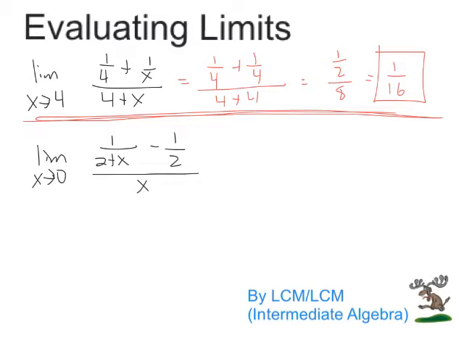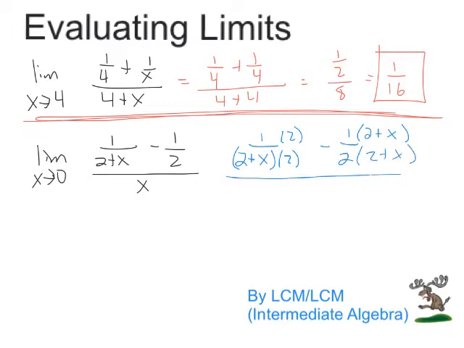So what we can do is simplify this all out. There are different approaches to cleaning this all up. What I'm going to do is create all fractions with a common denominator. The first fraction I'll multiply top and bottom by 2 to create a common denominator. The second fraction I will multiply top and bottom by 2 plus x, and all of this is over x.